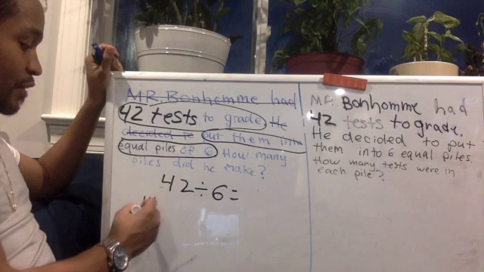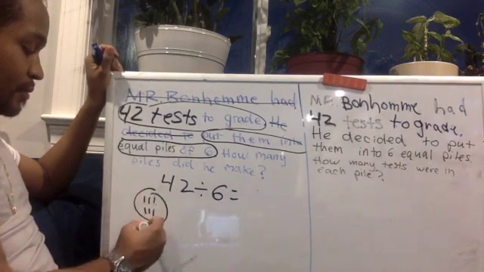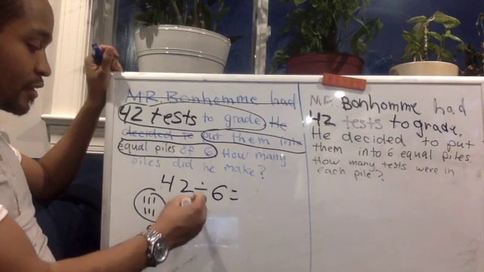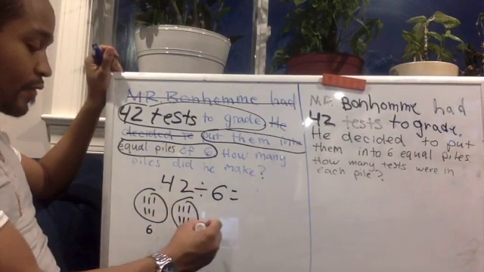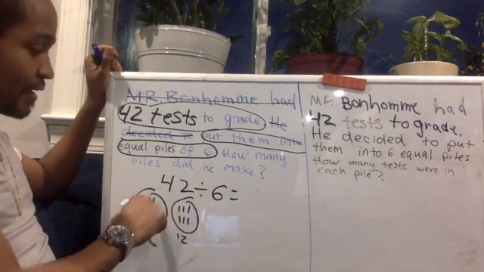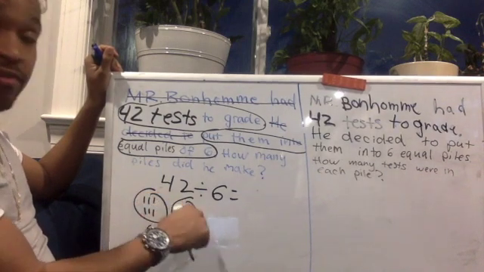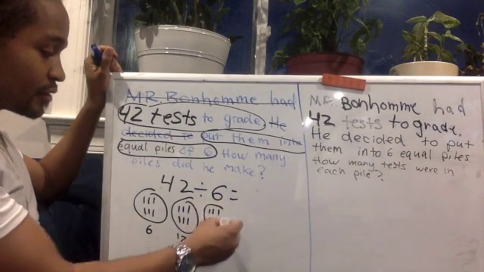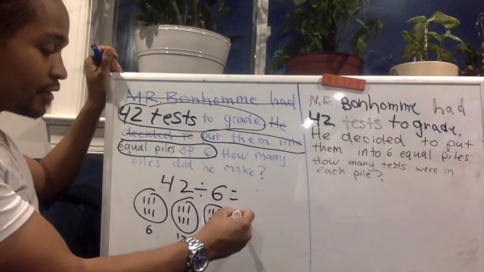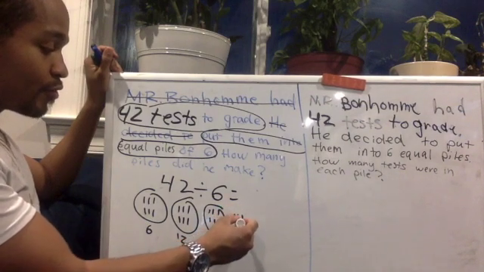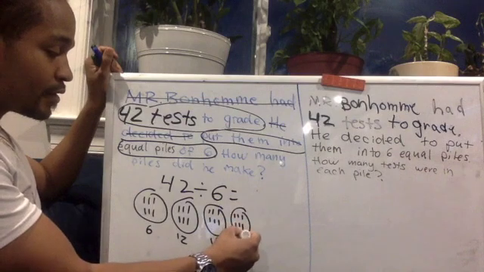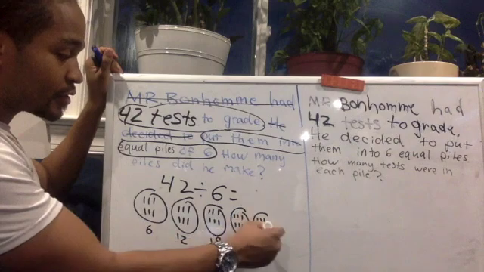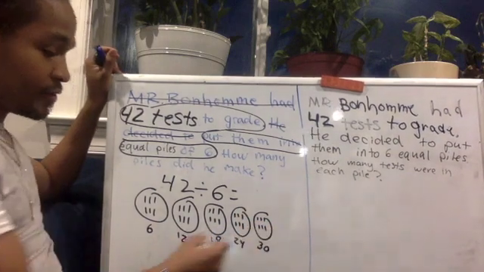1, 2, 3, 4, 5, 6. 1, 2, 3, 4, 5, 6. 12. I'm making piles of 6. 1, 2, 3, 4, 5, 6. 18. 1, 2, 3, 4, 5, 6. 24. 1, 2, 3, 4, 5, 6. 30.